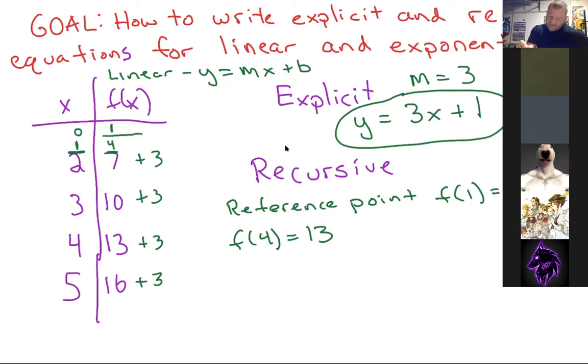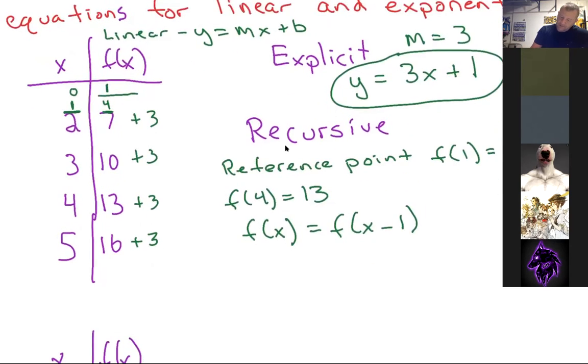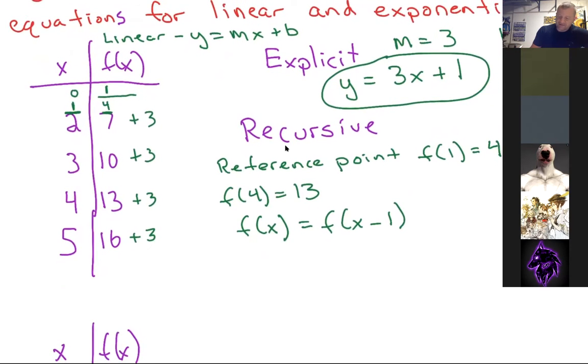And then here comes the tricky notation. We're going to do f of x is equal to f of x minus 1, and I'll explain that notation in a minute. Then you just have to say what we do to get the next one. What's going on in this table? How do you go from one to the other? What were we doing?